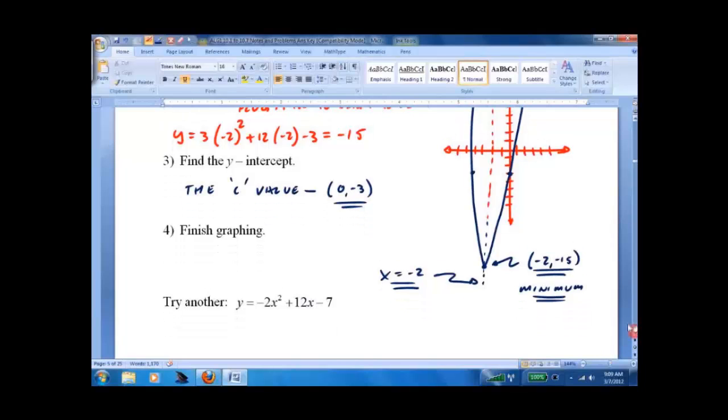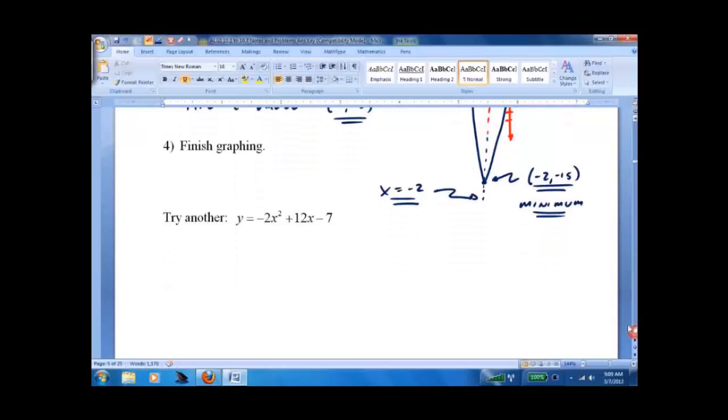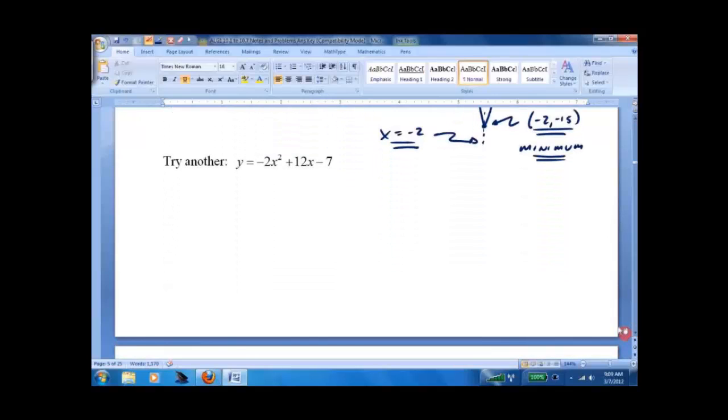You should try another on your own. You can pause the tape, try it, go through the steps. I'll do it real quick right now. Axis of symmetry, negative 12 over 2 times negative 2, negative 12 over negative 4, 3.